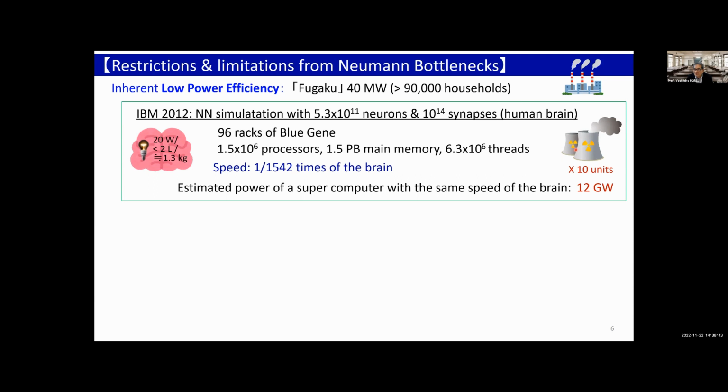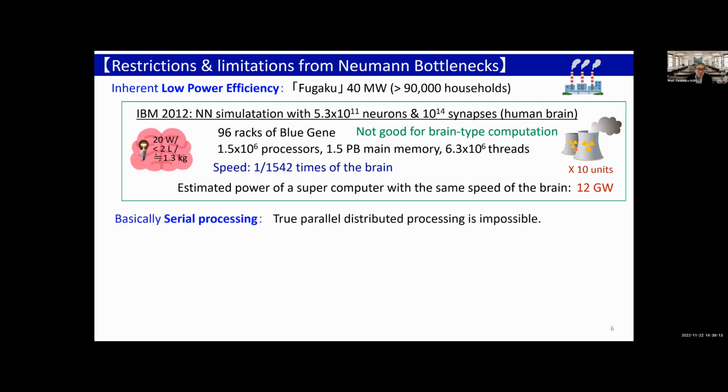In contrast, the brain consumes only 20 watts with very little volume. At that time, they realized that the Neumann-type computer is not good for brain-type computation. So after that, they started to develop brain-type computers such as the TrueNorth chip.